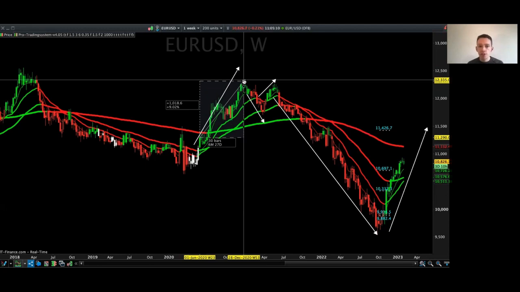And so this is just a few examples of how you can use the Pro Trading System on the weekly chart. And the reason I'm showing this to you is because on a weekly chart, you're looking for these candles. They close and confirm just on a Sunday evening when the market's open. That's when the candles close and confirm, and you get the new candle opening.